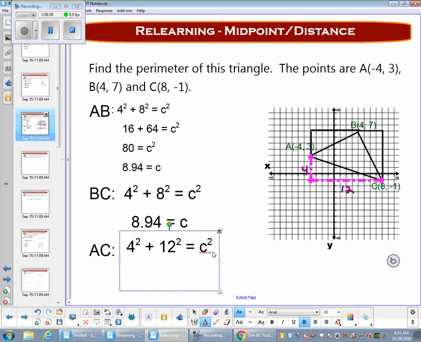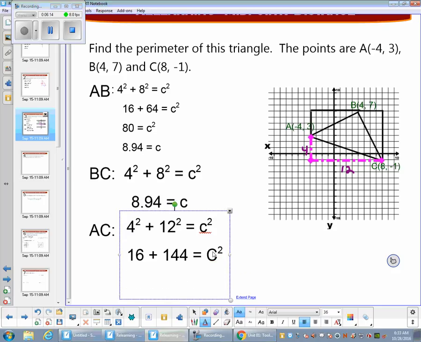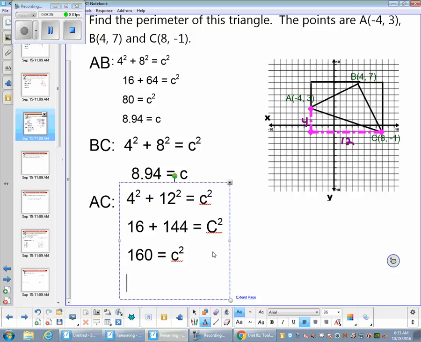And so that's going to be 16 plus 144. Oh, that should have been a small lowercase c, but hopefully we can keep going. 160 equals c squared, and the square root of 160 is 12.6.